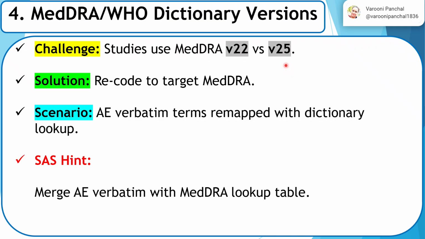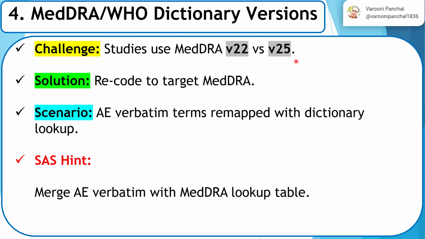Some studies could have occurred 5 years before, 10 years before, and after 10 years the US FDA or the regulatory authority asks you to give a combined version, which is the ISS and the ISE study, right? In those scenarios, 10 years before, the team had used version 22.